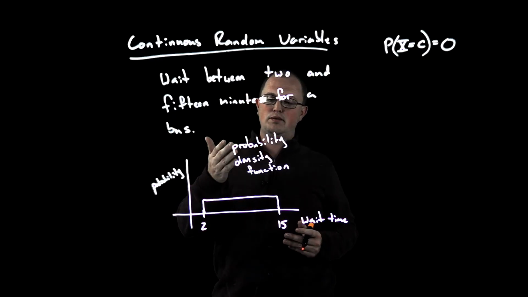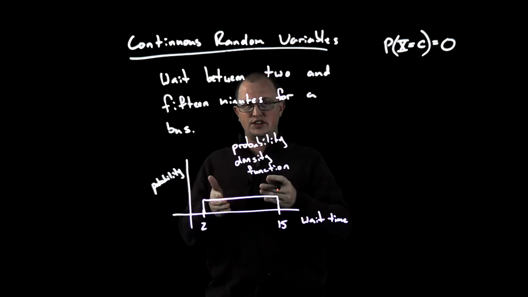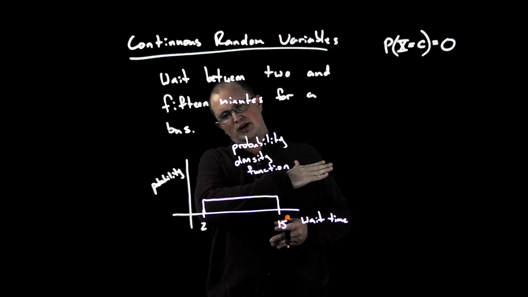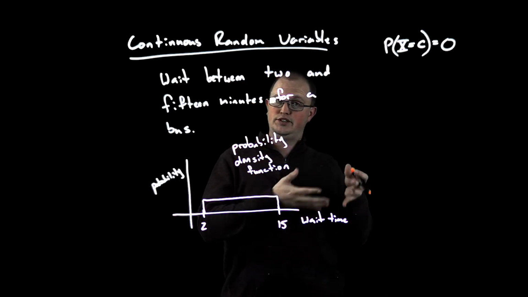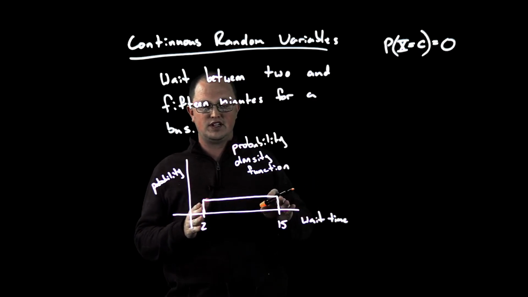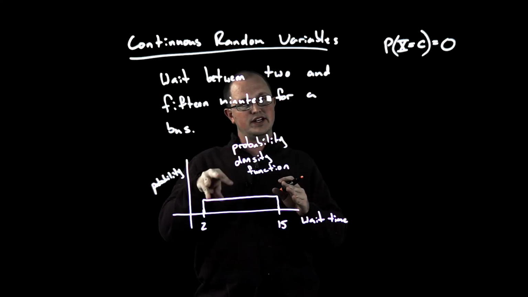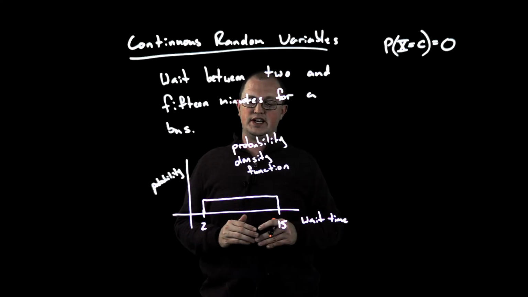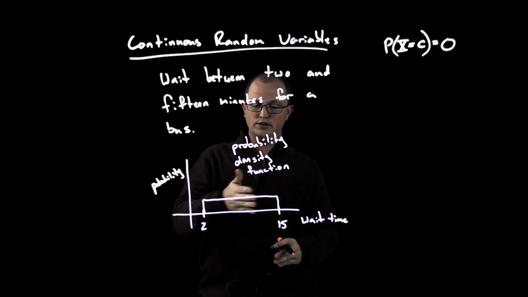And so with probability density functions, we don't assign probabilities to specific outcomes. Instead, we kind of slather the probability across all of the outcomes. So you can think about, we have a big jug of probability equal to 1, and we take that and we spread it over all of the outcomes. And the more we spread on certain areas, the more likely that we're to get outcomes in that area. And the less we spread it, the less likely we are to get outcomes in that area. But for this case, we have it spread evenly across 2 to 15 minutes.